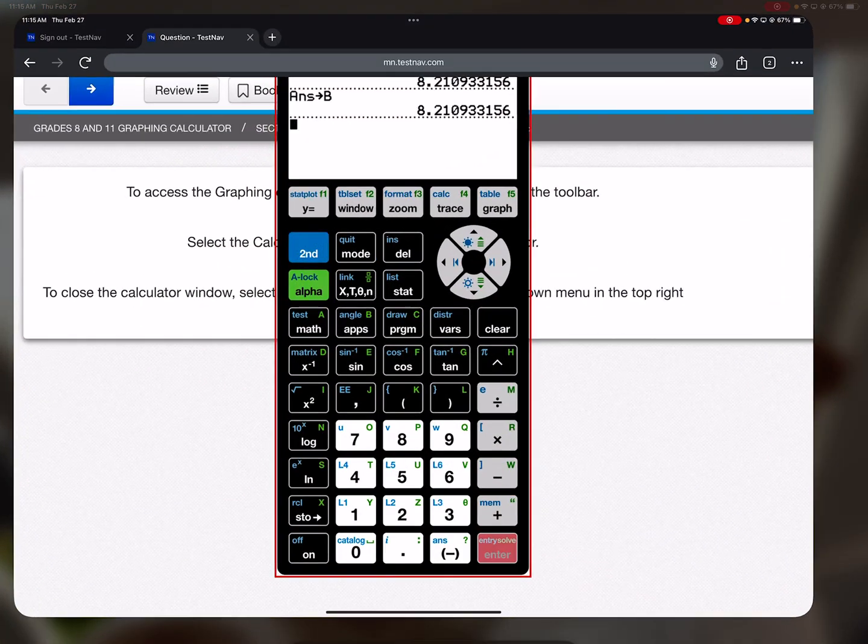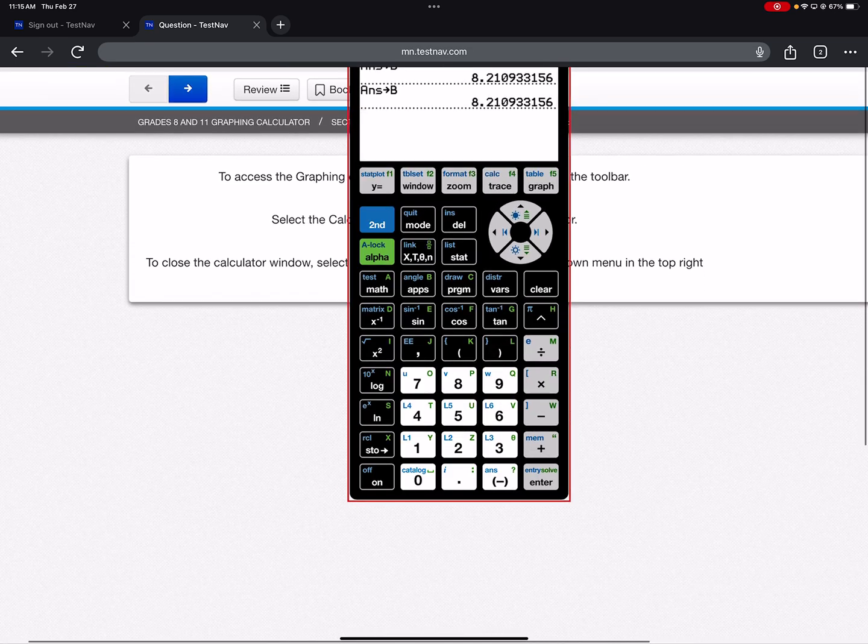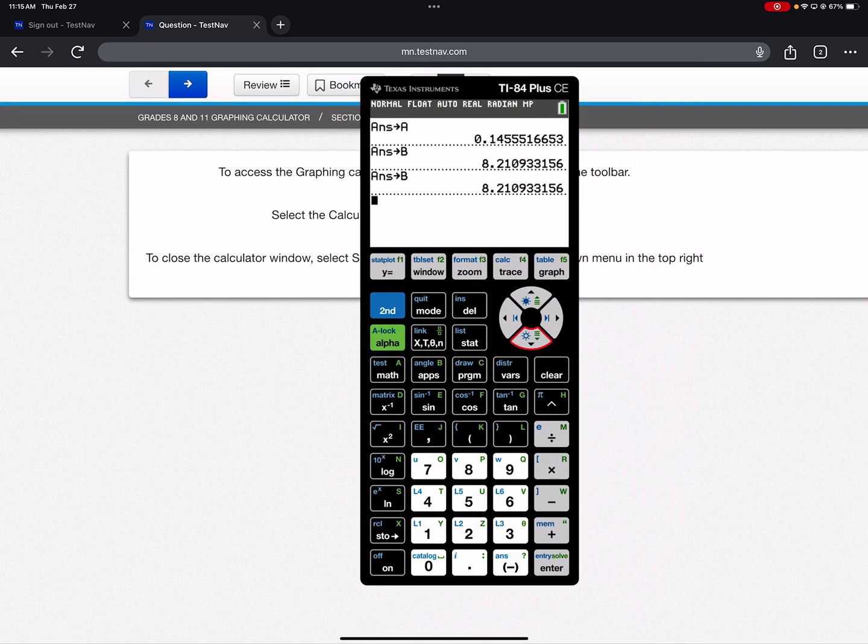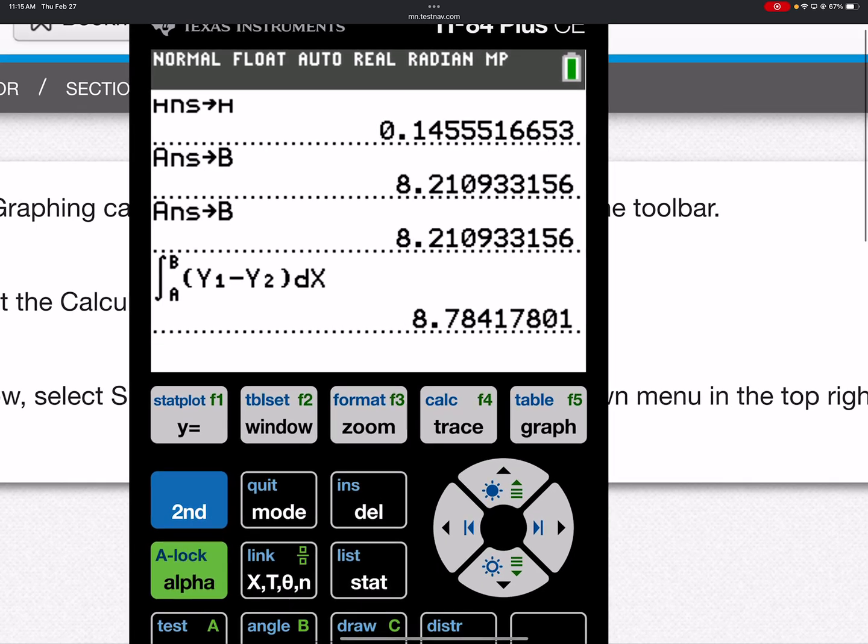So math 9, alpha A, alpha B. Your variables menu, so y1 minus y2 with respect to x. And this should be your area.